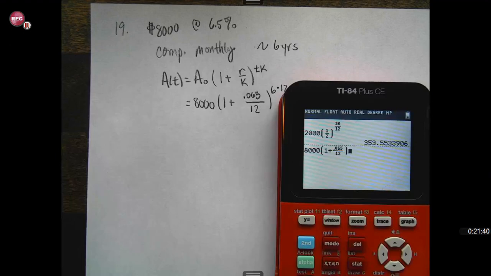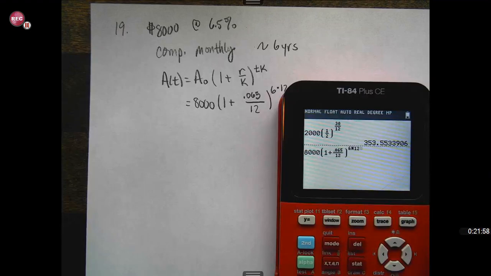To the 6 times 12. You know, it's weird, but the most common mistake I see on this problem is that people use 0.65 rather than 0.065.